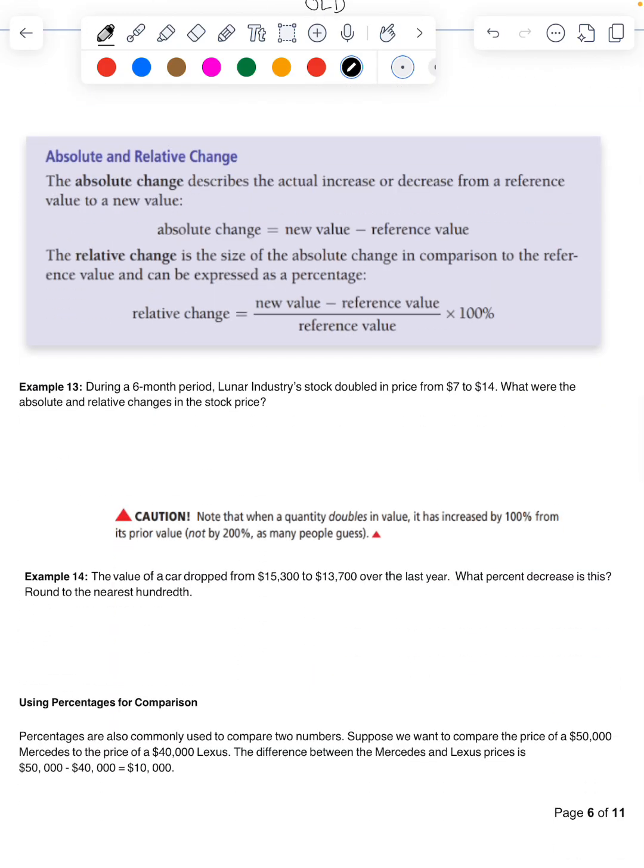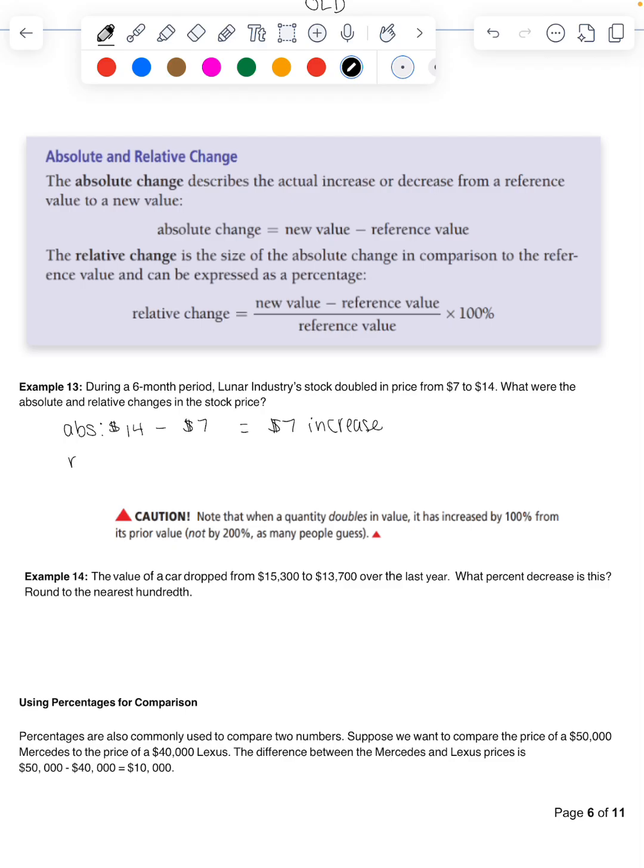During a 6-month period, Lunar Industries stock doubled in price from $7 to $14. What were the absolute and relative changes in the stock price? So our absolute change would be $14 minus $7, a $7 increase.